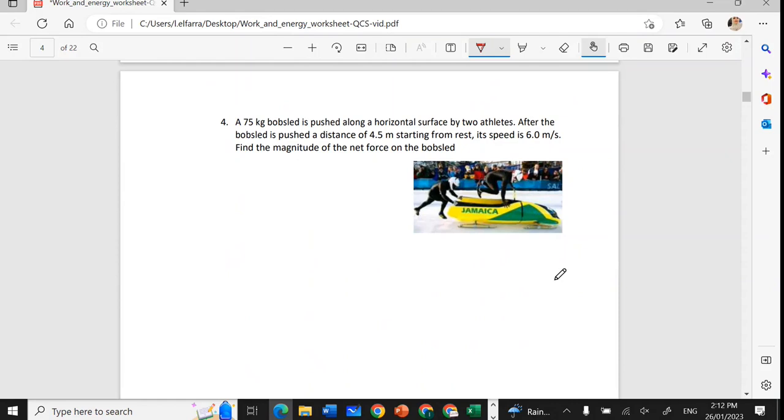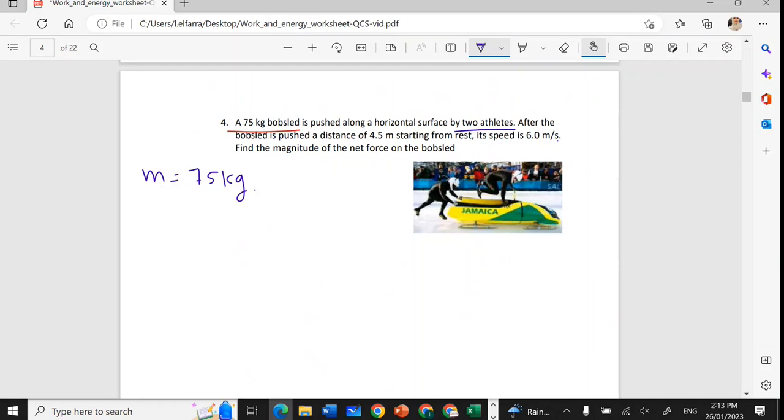Here we have a 75 kilogram bobsled, as you see in the photo, pushed along a horizontal surface. So the mass of the sled, m, is 75 kilogram, pushed along a horizontal surface by 2 athletes.